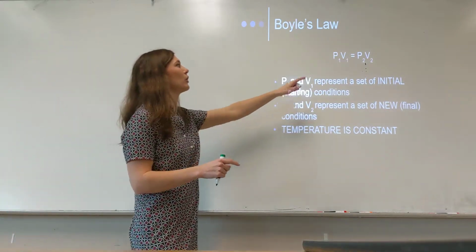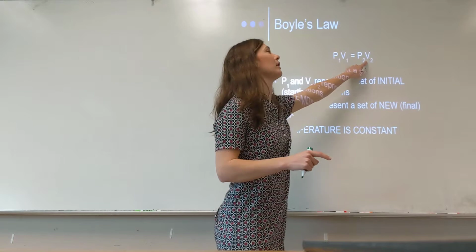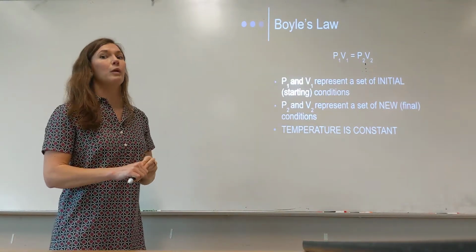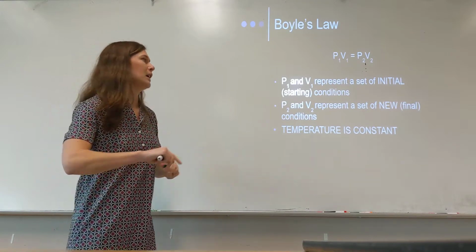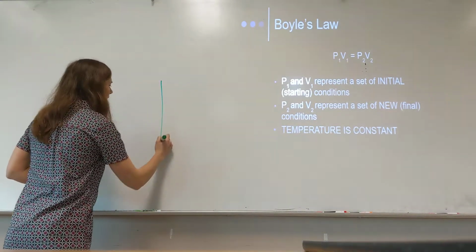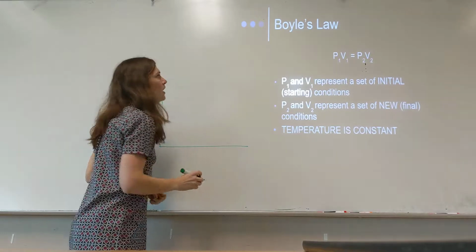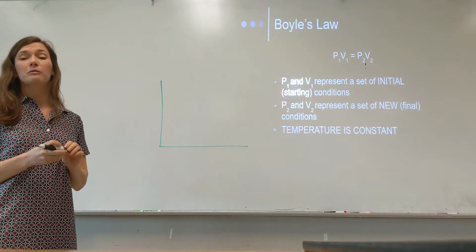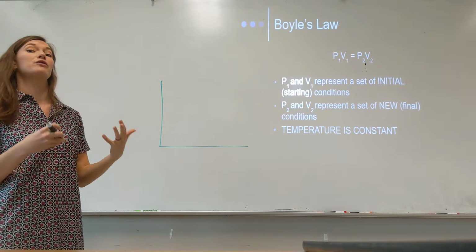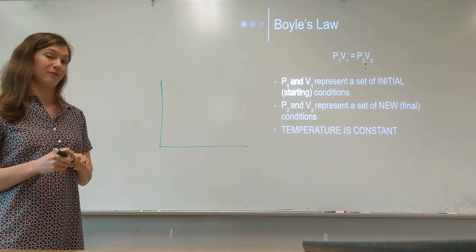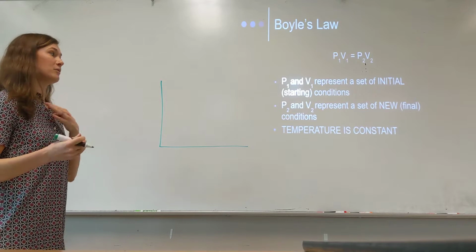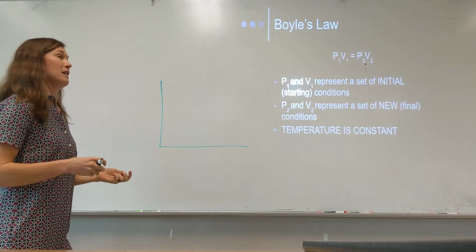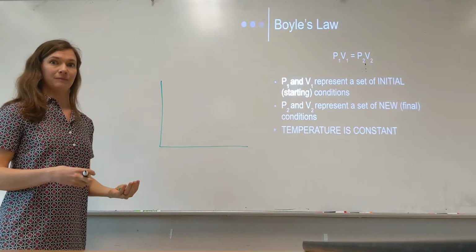So pressure and volume are being multiplied by one another. Remembering back to when we talked about density, you need to know if, in Boyle's law, pressure and volume are inversely proportional to one another, or directly proportional to one another. So if they're being multiplied by one another, are they directly or indirectly proportional?